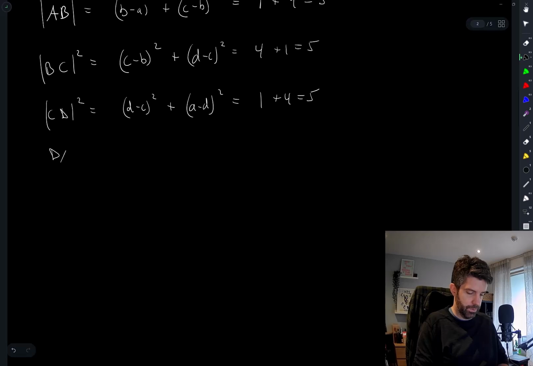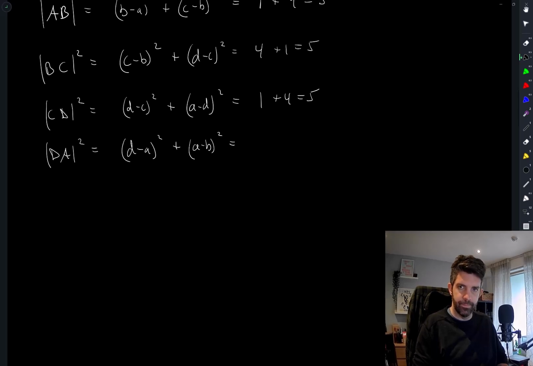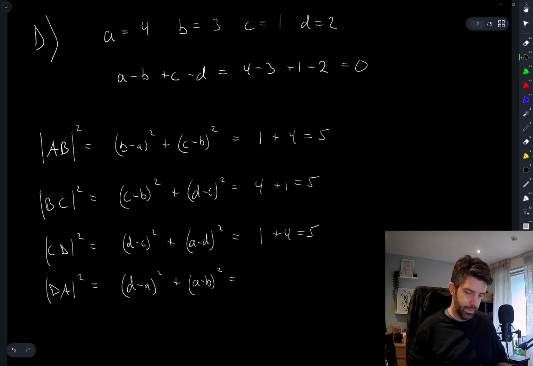And let's compute DA squared: (D minus A) squared plus (A minus B) squared. (D minus A) squared is 4, and A minus B squared is 1.